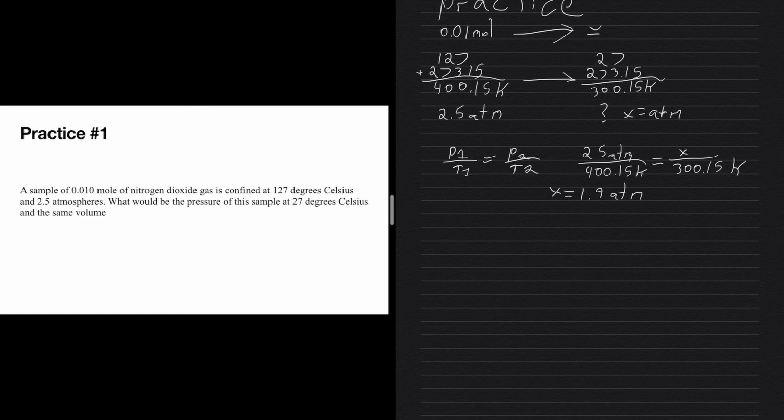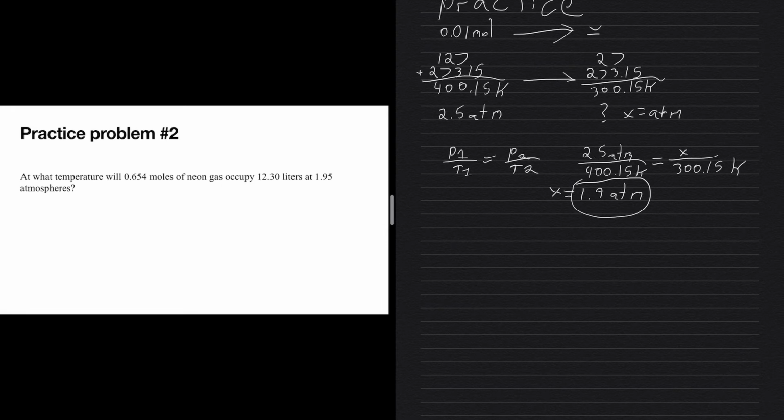You can see the answer to that, and then you can go 1.9 divided by 300.15 Kelvin. They should be about the same. The numbers might be a little bit off because we did round, but I'm seeing that the numbers are both exactly the same for those equations, and so that means they're directly proportional and equal. So that would be our answer to practice problem number 1.